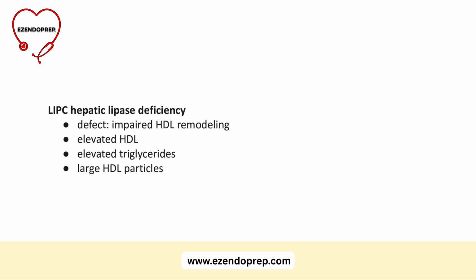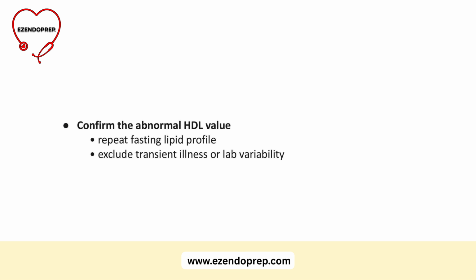When confronted with extreme HDL values, either low or high, the diagnostic evaluation should follow a systematic evidence-based approach. Confirm the abnormality: repeat a fasting lipid profile to exclude spurious results due to analytic variability, acute illness, or transient physiologic fluctuations.